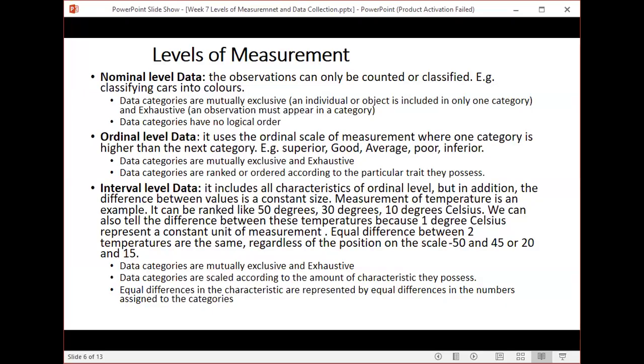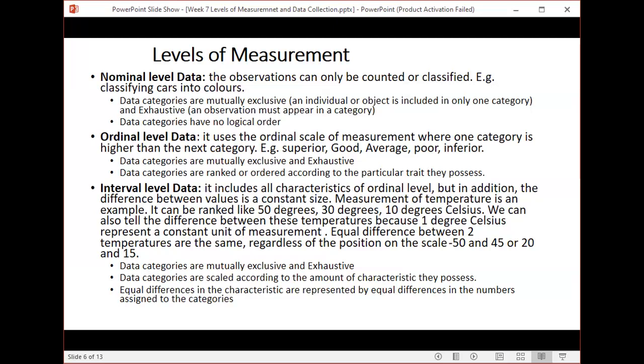Any car that comes is either red, black, blue, green, or yellow. So what I'm doing is just nominal level data. I'm counting the cars as they come and classifying them into categories.